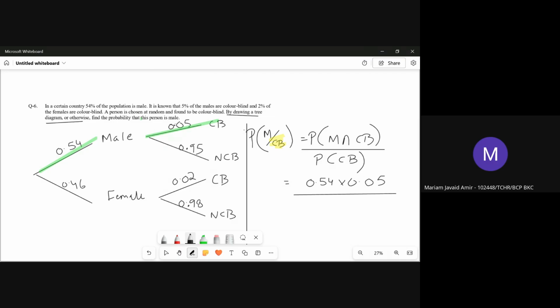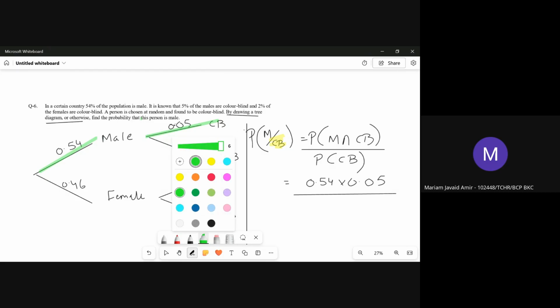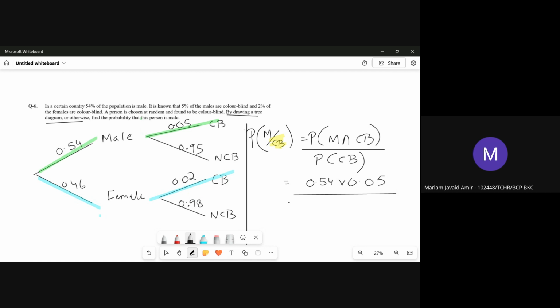We have two branches for colorblind, the green one and also this one. So it could be male and colorblind or female and colorblind. So we do 0.54 into 0.05, a plus sign in between. Whenever you're hopping from branch to branch, there's a plus sign in between. And 0.46 into 0.98.